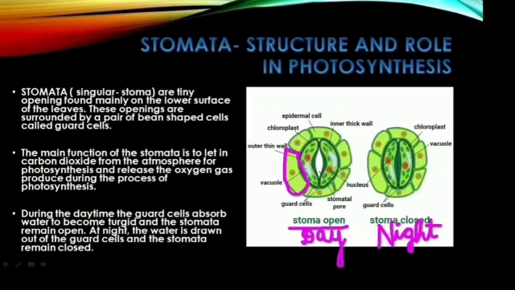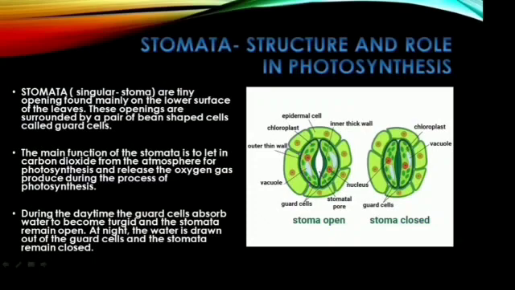So what happens? We all know osmosis, isn't it? What is osmosis? Movement of water molecules from a region of their higher concentration to a region of their lower concentration through a semi-permeable membrane. So from the epidermal cells that surround the guard cells, the water goes inside the guard cells.